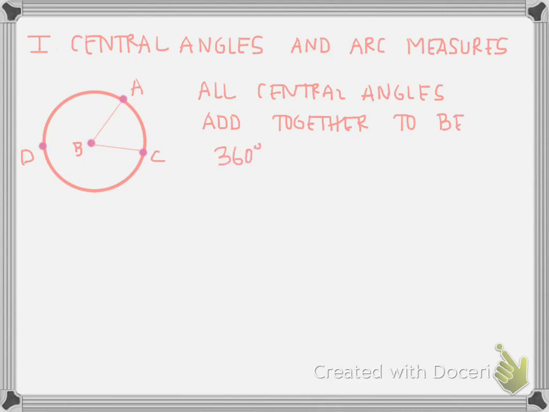So central angle ABC plus the central angle ADC would add together to be 360.